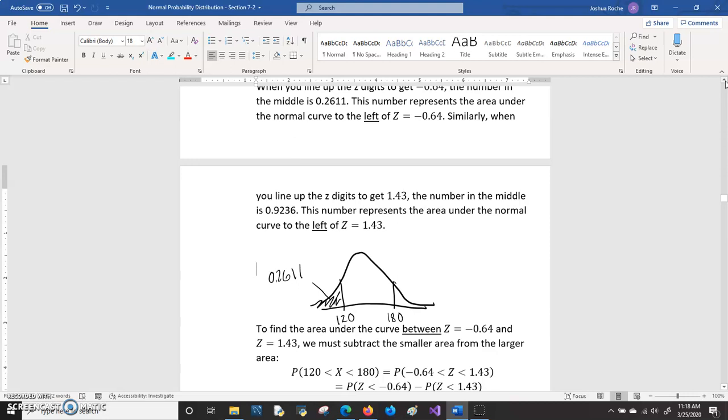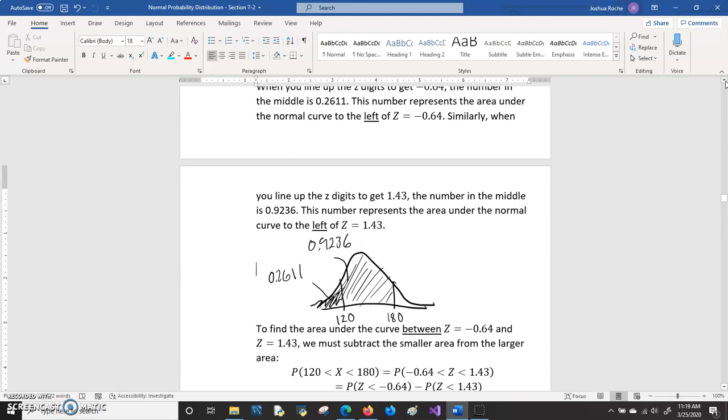The other value that we got, 0.9236, that also represents the area to the left. So it represents this whole entire area to the left, 0.9236. But we don't want this entire area to the left. We only want this spot in between.